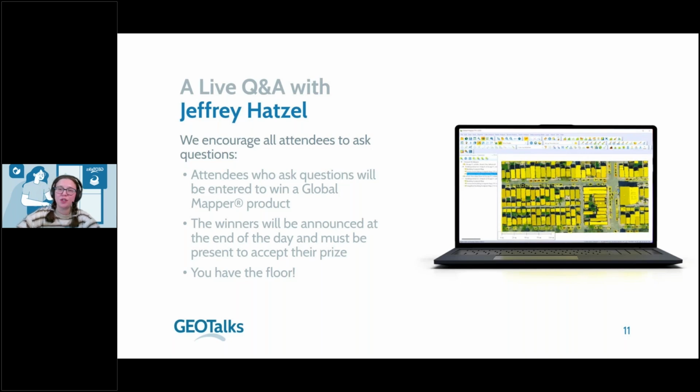So the next question is someone wondering if the deep learning tools that you mentioned can provide an accuracy report. Great question. As of yet, we don't have that exposed or provided.